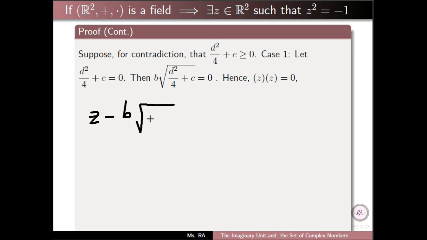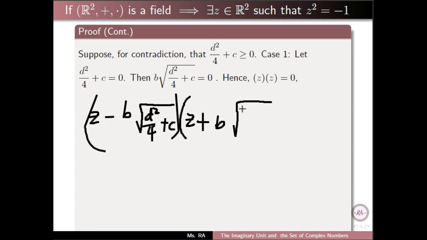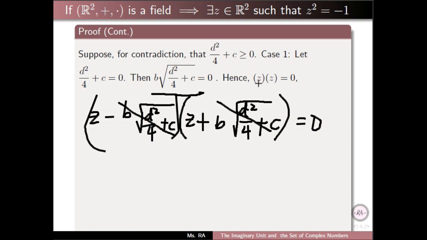Thus, remember that we have an equation: z minus b times the square root of d squared over 4 plus c, times, pardon my writing, z plus b times the square root of d squared over 4 plus c, which is equal to 0. Since this part is equal to 0, that means this is 0, this is 0, which gives us c times z.